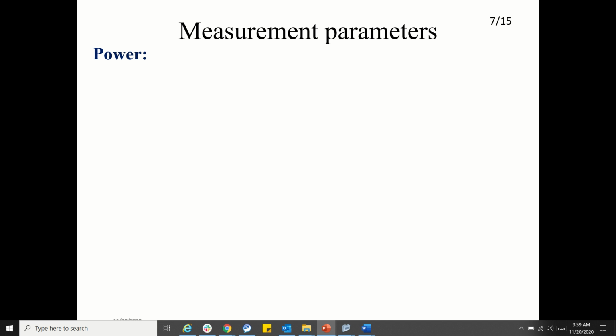Measurement parameters: the first and foremost thing is power. If power is proper, then we can go for further analysis like modulation, throughput analysis and performance analysis. Everything we can measure.